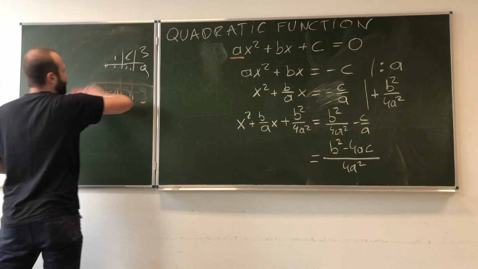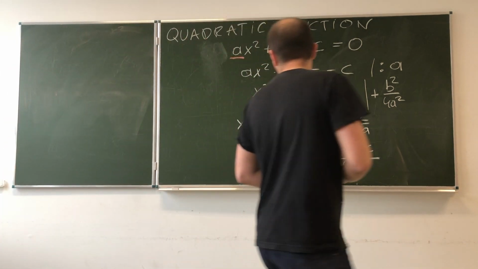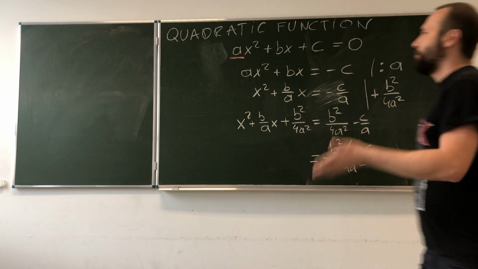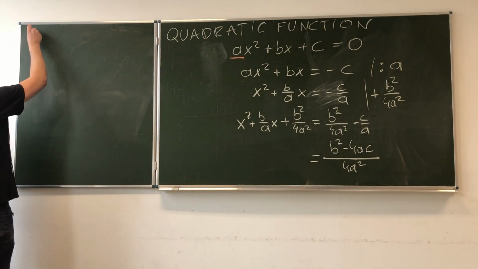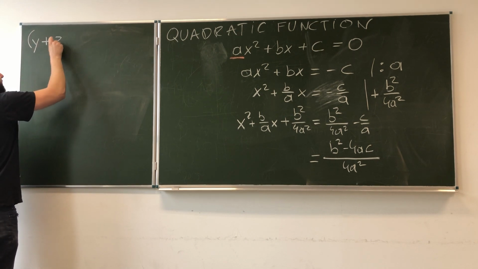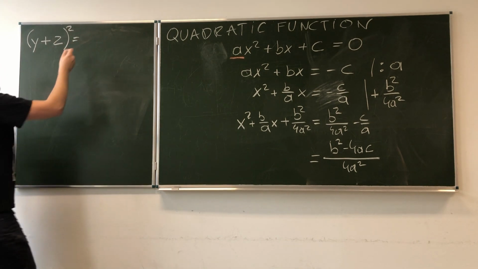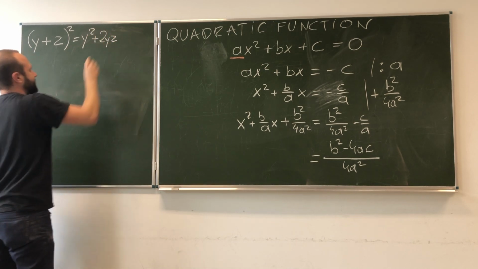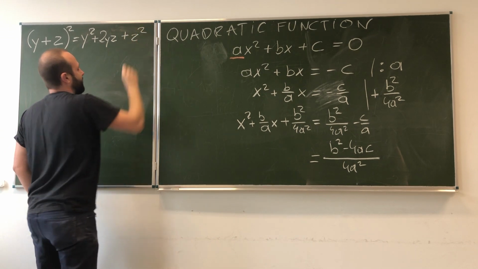what should we do next? For the next step, we need to remember one formula we haven't discussed, but I assume you've done it in high school many times. How much is y plus z squared? Well, we of course remember that this is y squared plus 2yz plus z squared.